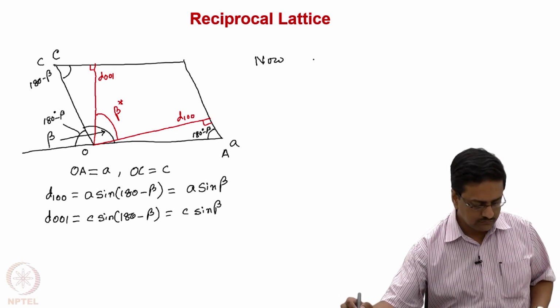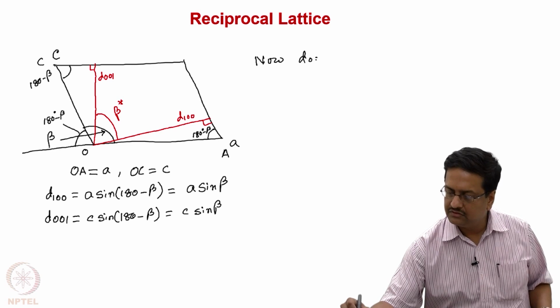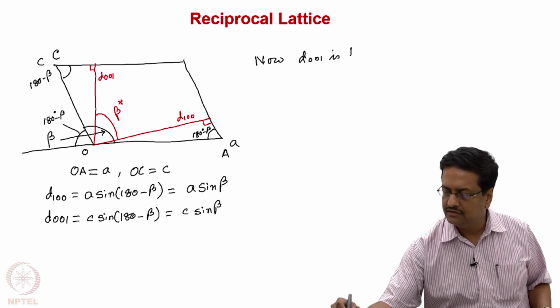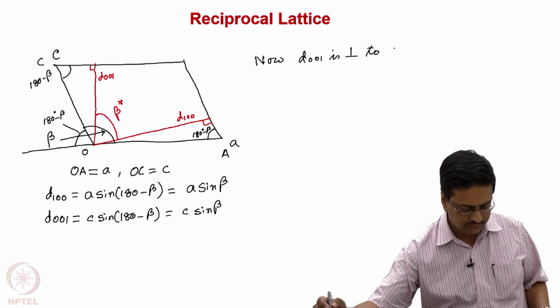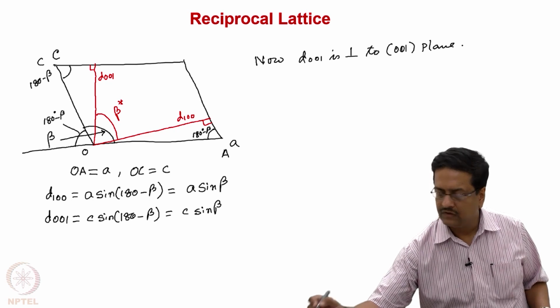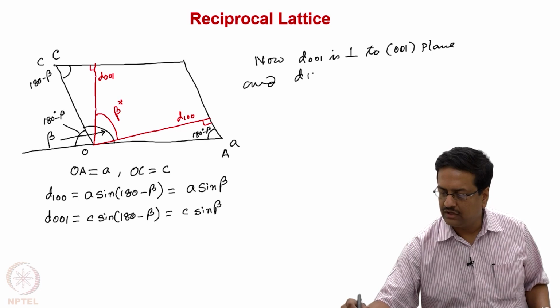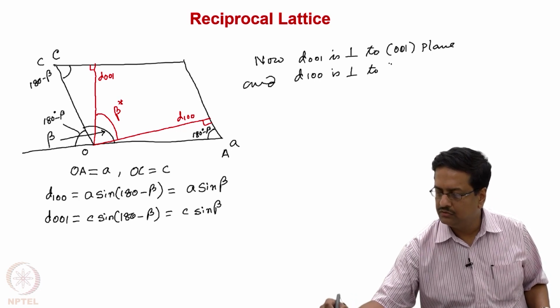Now, D001 is perpendicular to the 001 plane, and D100 is perpendicular to the 100 plane.